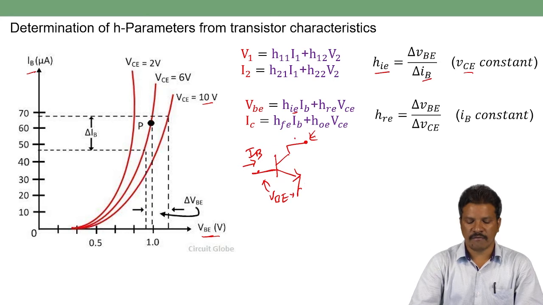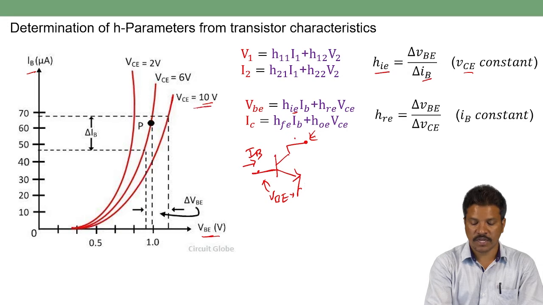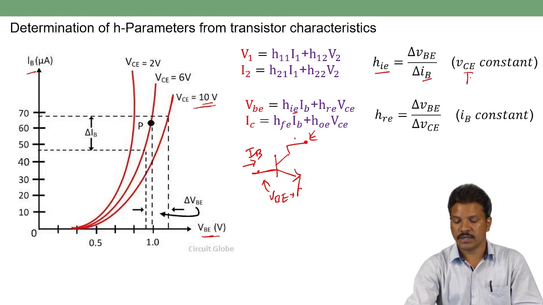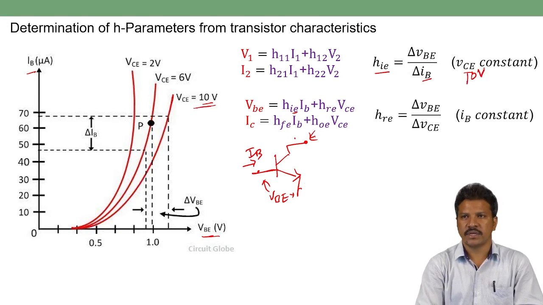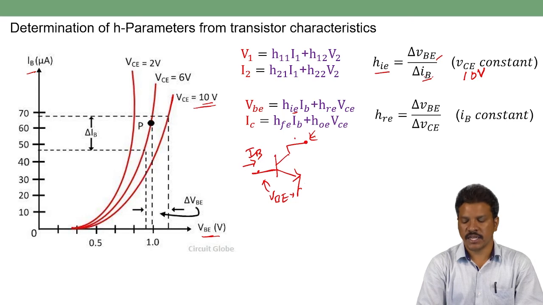For example, if you take any one graph, say the VCE equal to 10 volts graph, then by keeping VCE equal to 10 volts, we look at what is changing in VBE, the input voltage, and the changing IB.